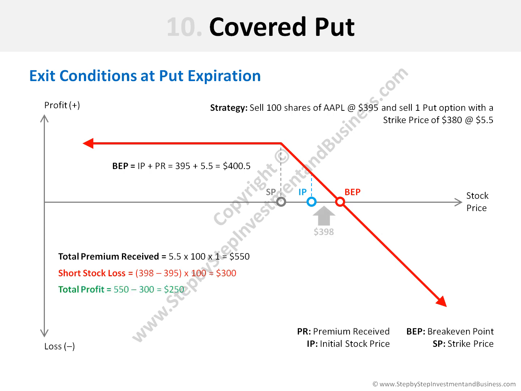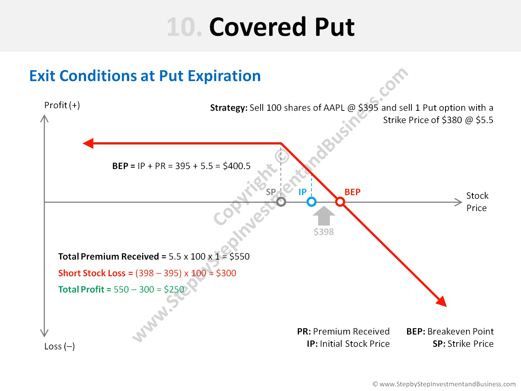In contrast, if at put expiration, the stock price is between the initial price and the break-even point, for example $398, in that case we will have the following. The premium received for selling the put is always $550. On the other hand, as the price of $398 is higher than the initial price, again, we will be losing for selling the shares.